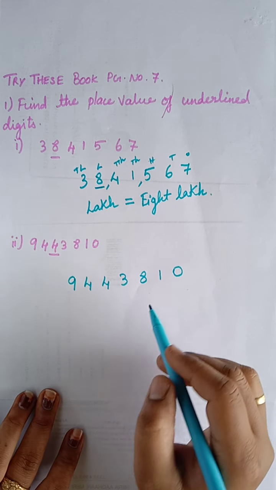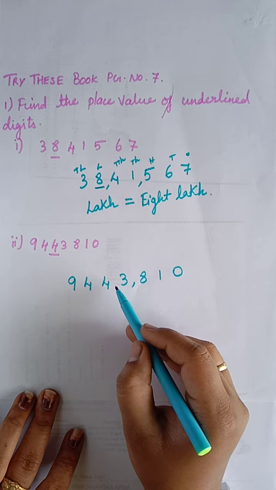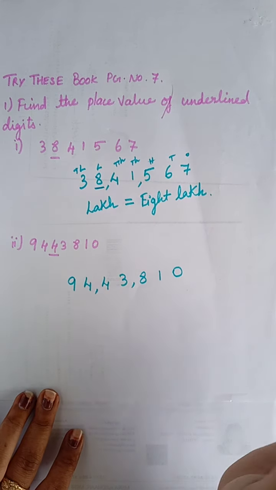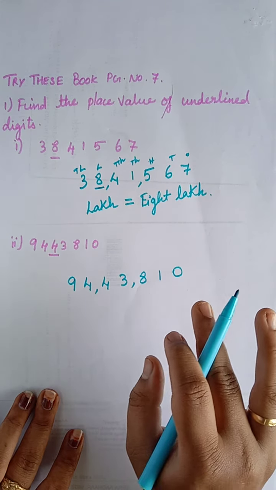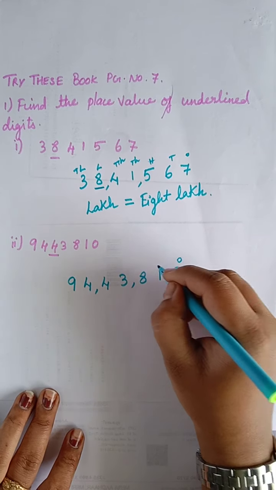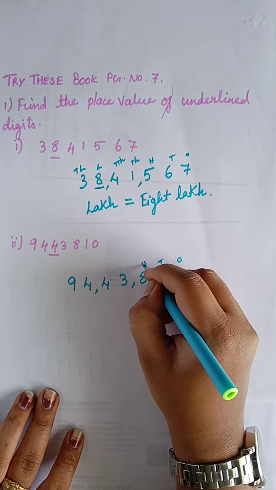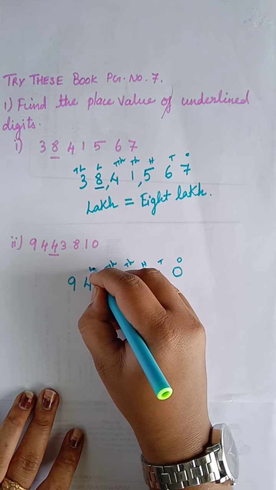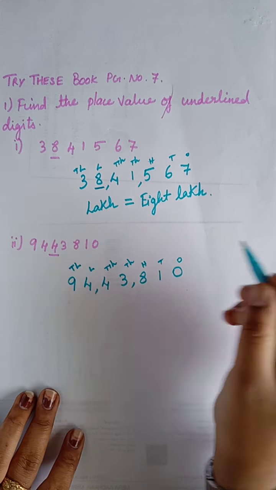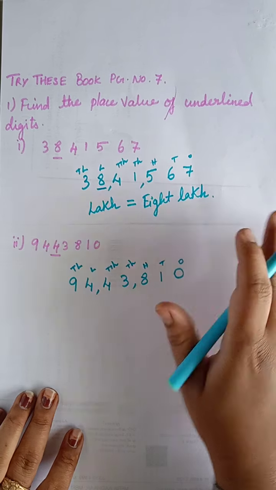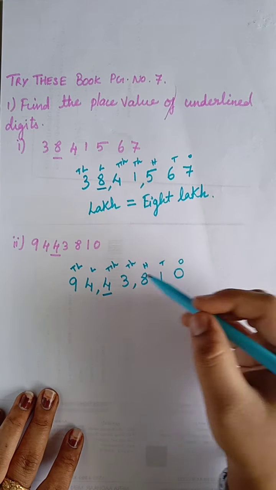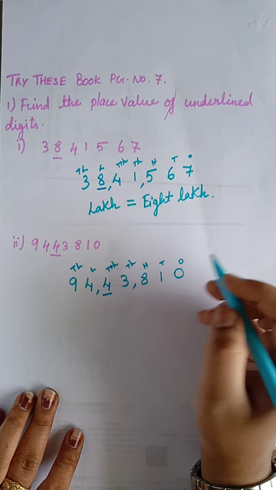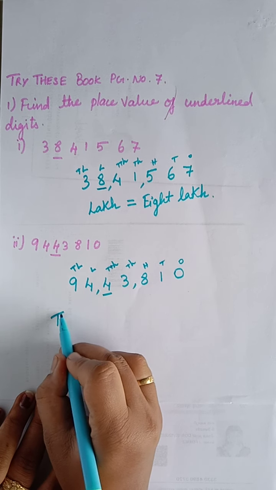We have to put commas: 1, 2, 3, comma, 1, 2, comma, 1, 2. Next we write the place values: ones, tens, hundreds, thousand, 10,000, lakh, 10 lakh. What is the number they have underlined? 4. What is the place value of 4? 10,000. Okay, very good.